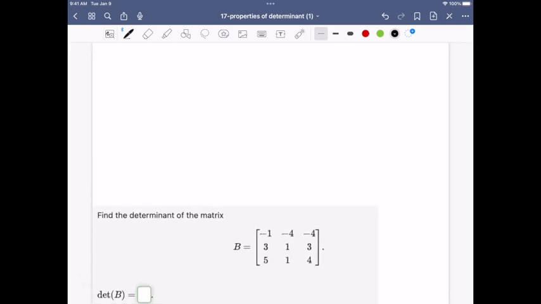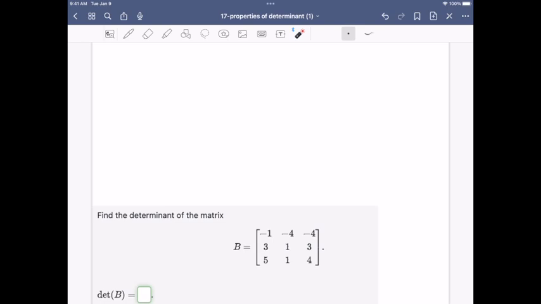As the last example, we're going to look at one of the homework problems. We have a 3 by 3 matrix. Of course, we can do first row expansion from the definition, and this is one way we can do it. To review the properties covered in this lecture, I'm going to use a different approach.